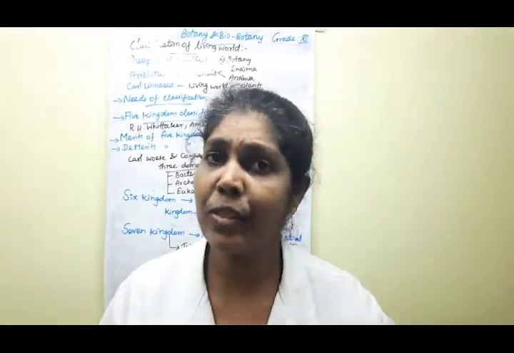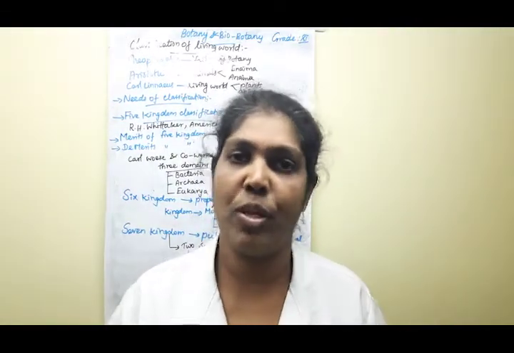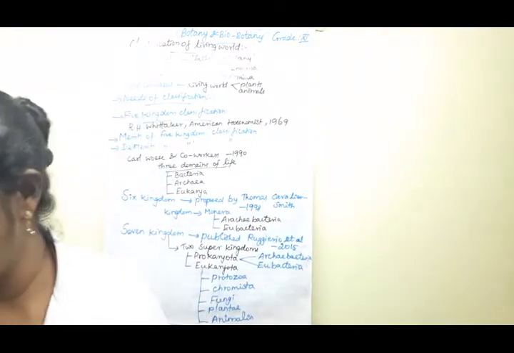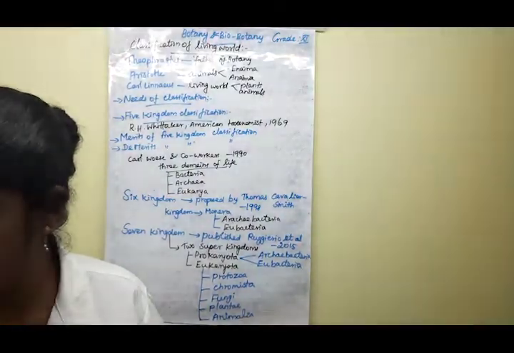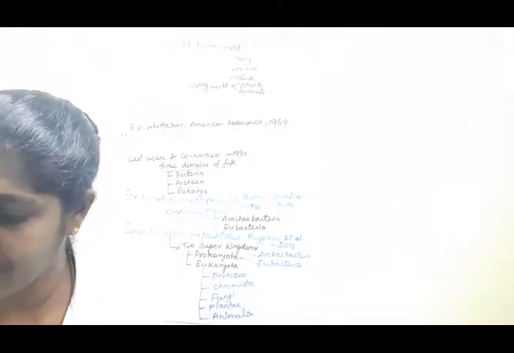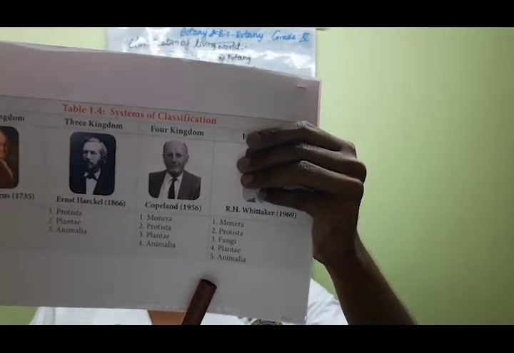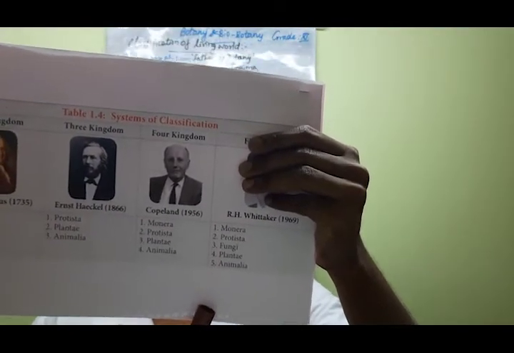Then let us come back to the five kingdom system of classification. Already I told you the five kingdoms, children. First is Monera, Protista, very good. Then the third is Fungi, then Plantae, Animalia, very good.